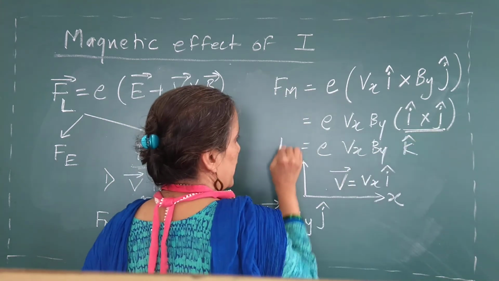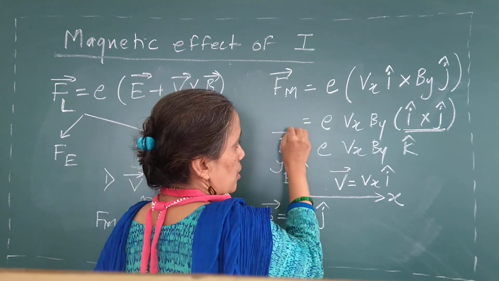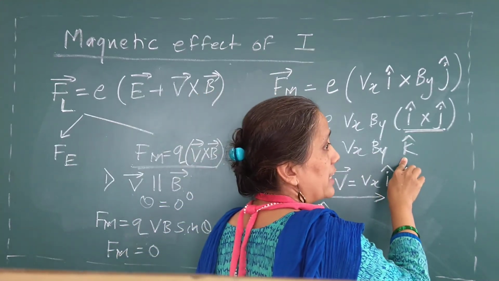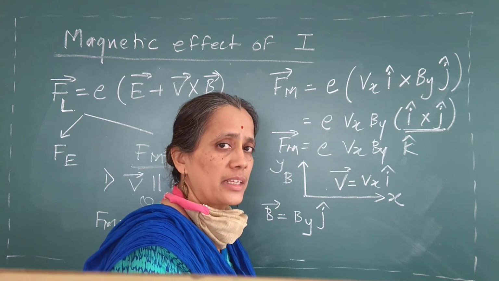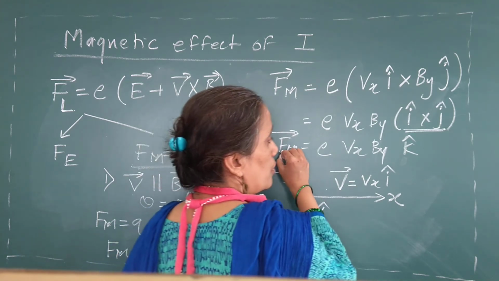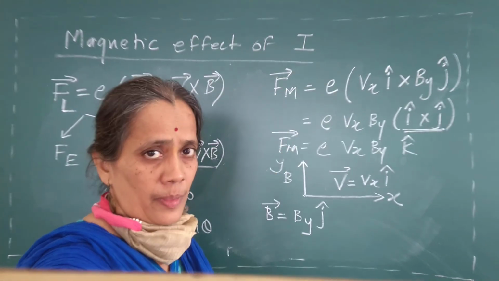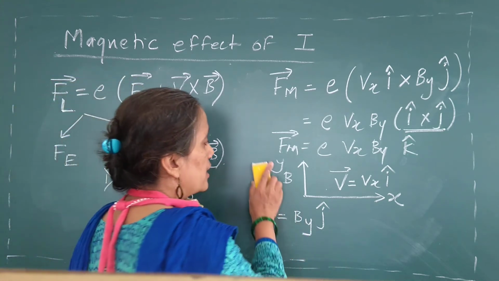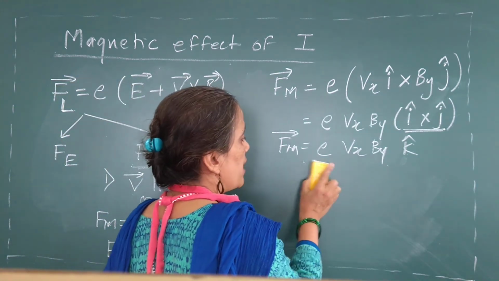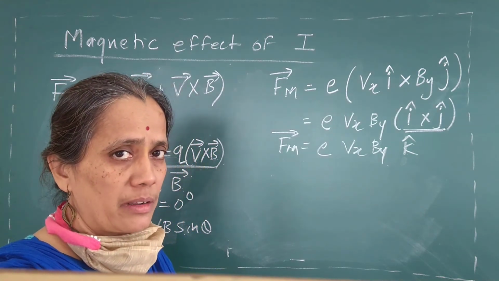Means the direction of the magnetic force will be along unit vector k. Unit vector k is along which axis? Z axis. Means your direction of magnetic force will be along the z axis. So in that manner, in certain questions, the direction of magnetic force will be asked. So the direction of magnetic force we can find out in this manner.